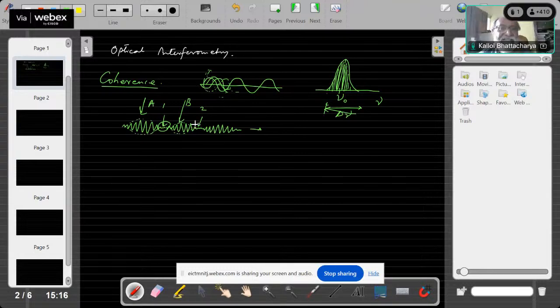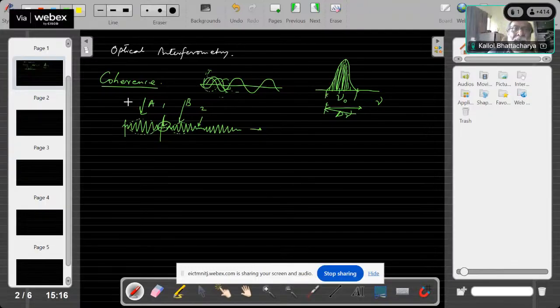Now incidentally, sunlight has a very large spread, and its line width is about 10 to the power 14 hertz. For a laser, it's a very small amount.